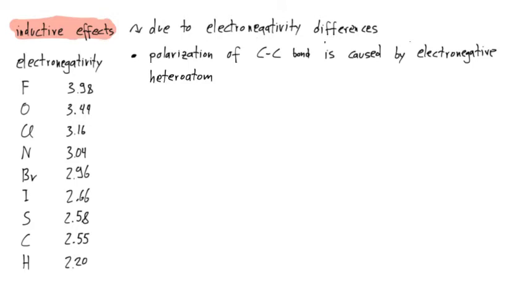Now we split inductive effects into two types. The first type is when the inductive effect causes a polarization of the C-C bonds in a molecule by an electronegative heteroatom. Anything that is more electronegative than carbon has a so-called negative inductive effect on a C-C bond, also known as the -I effect.